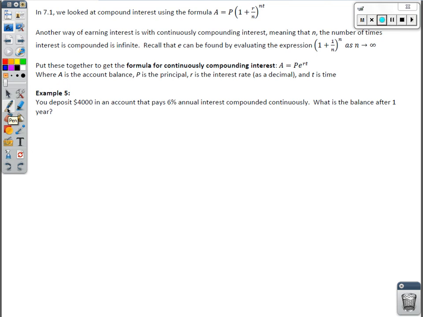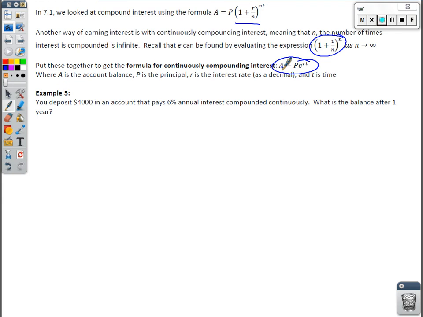You may have noticed as you looked at this way of getting e, this thing right here circled in blue, that looks very, very similar to the compound interest formula that we used in one of the previous lessons. So we can combine these together and do a little bit of calculus, and we come up with this piece here kind of cancels down or simplifies down to e, and so we end up with this formula here for continuously compounding interest.